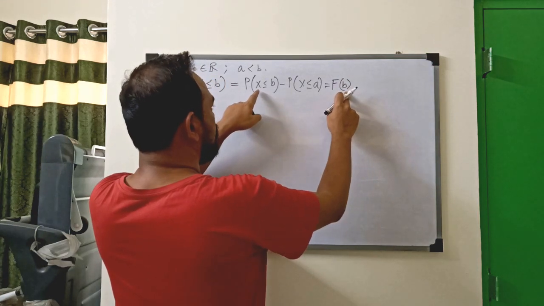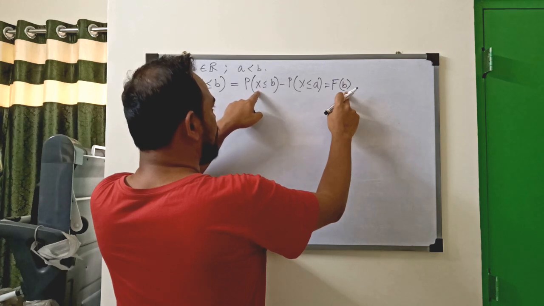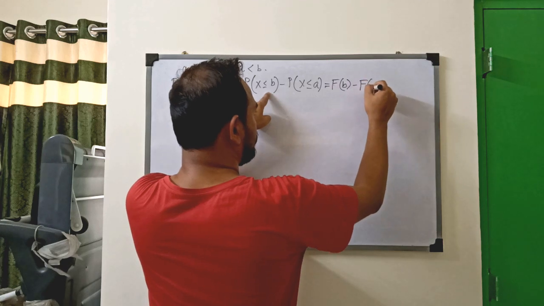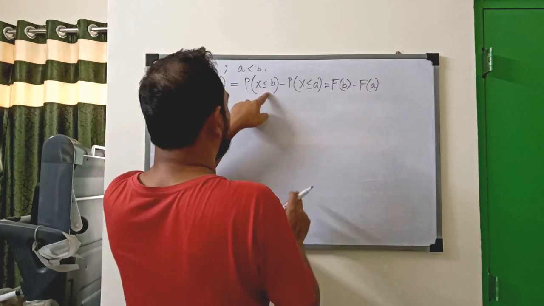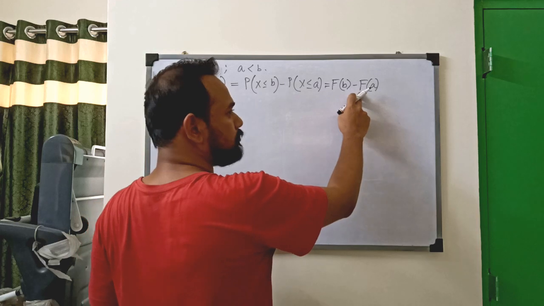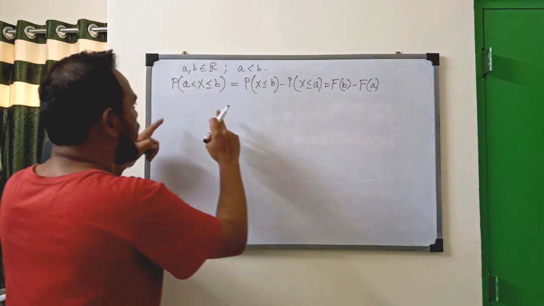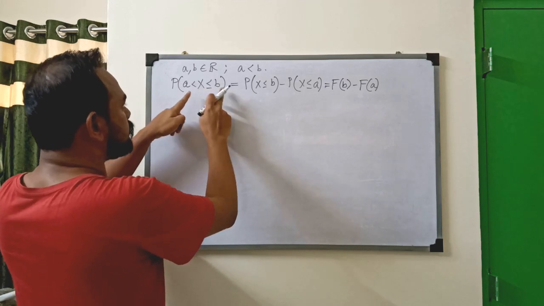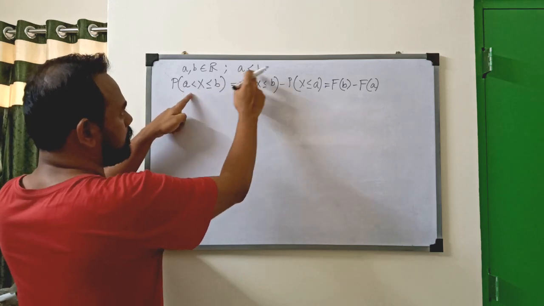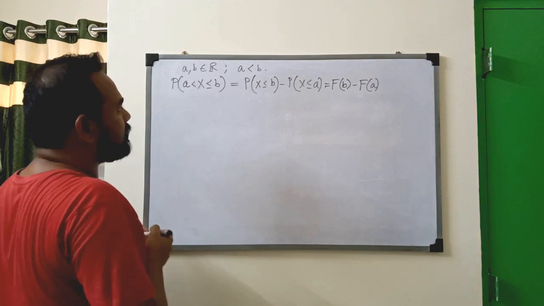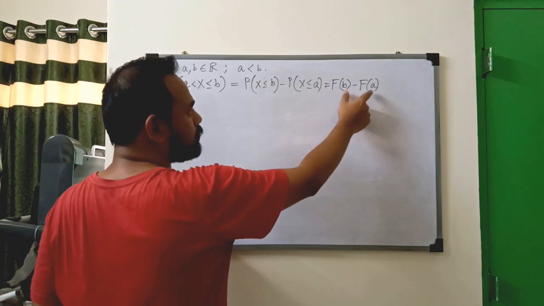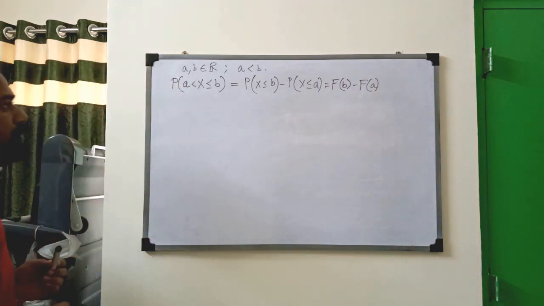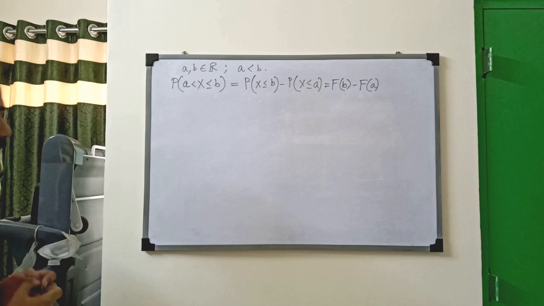It's the probability that the random variable takes values less than equal to B. And similarly, this is F of A. Okay, so for a given problem, if you know the CDF, if you know the cumulative distribution function, and if you have to find a probability that x, the random variable, takes values between two numbers, endpoints here, then that probability would just be given, you just have to calculate the CDF at the 2 points and you would have the answer. So it's a useful formula here, okay?